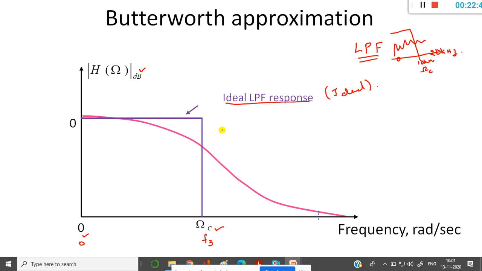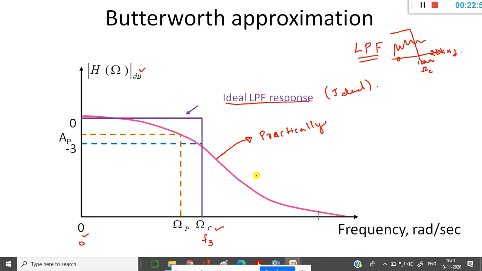But it is not possible for me, practically speaking, so we approximate the signal and design our filter in this form. With this point, we call it the pass band attenuation, and this is called the stop band attenuation. If my signal is a speech signal, I try to design a filter.